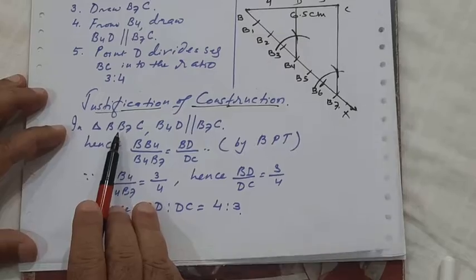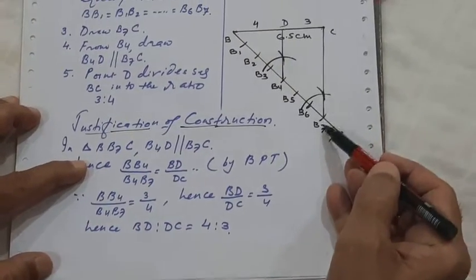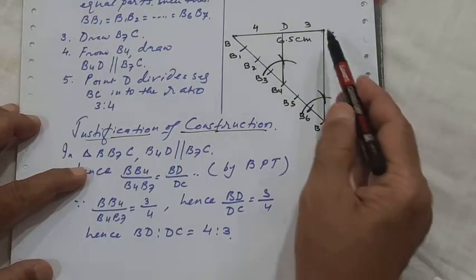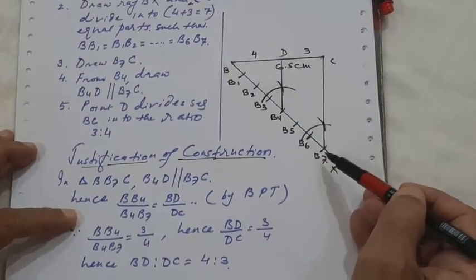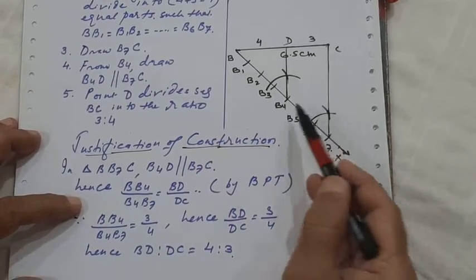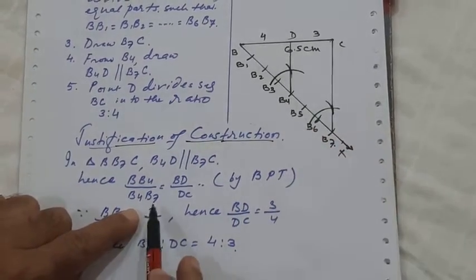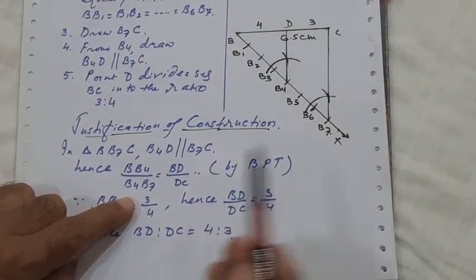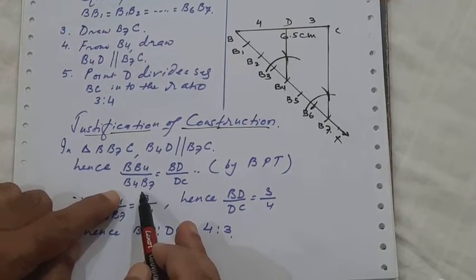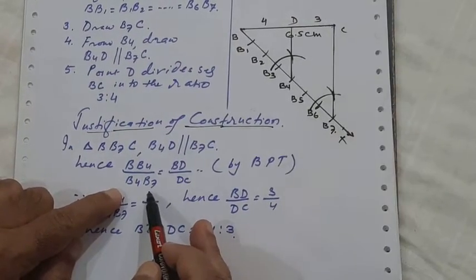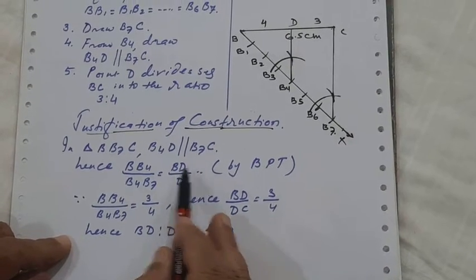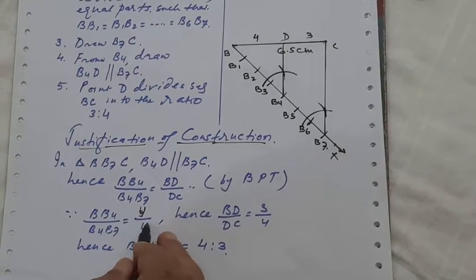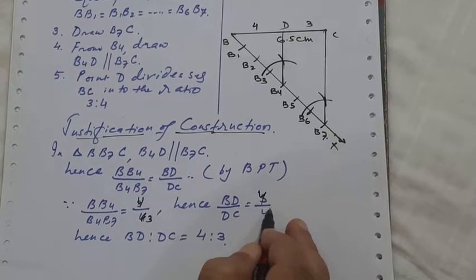So let me explain you again. In triangle BCB7, B4D is parallel to B7C. Hence B4B7 upon B4B is equal to DC upon BD. Now as B4B upon B4B7 is 4 upon 3, hence BD upon DC will be also equal to 4 upon 3.